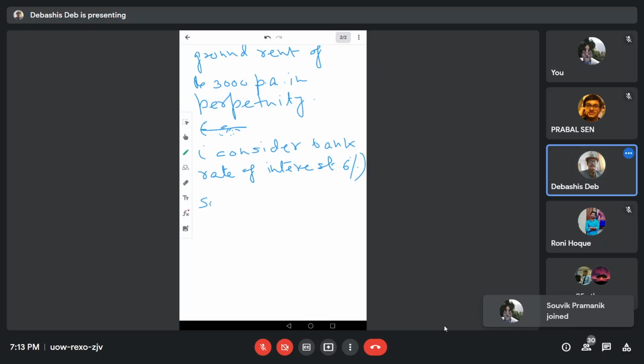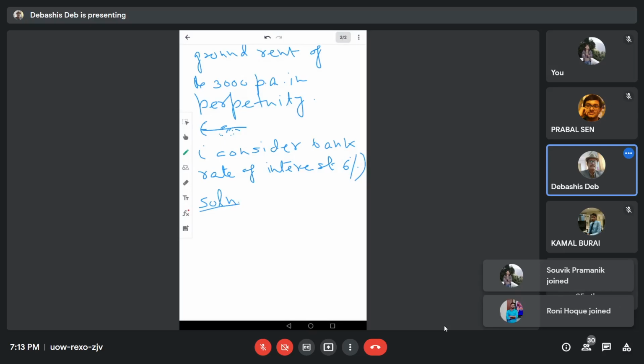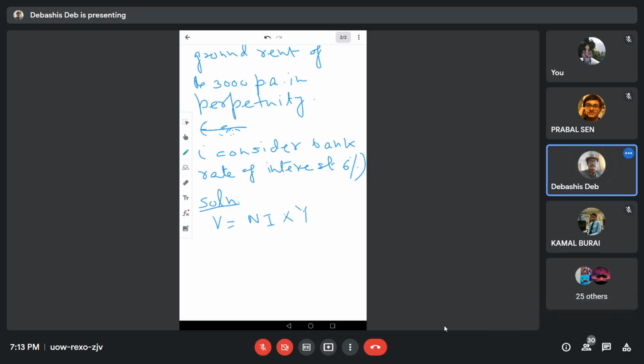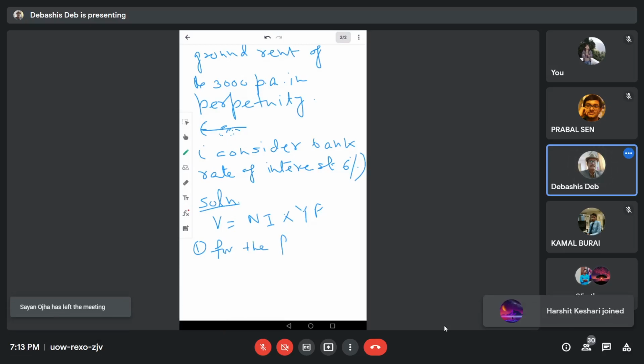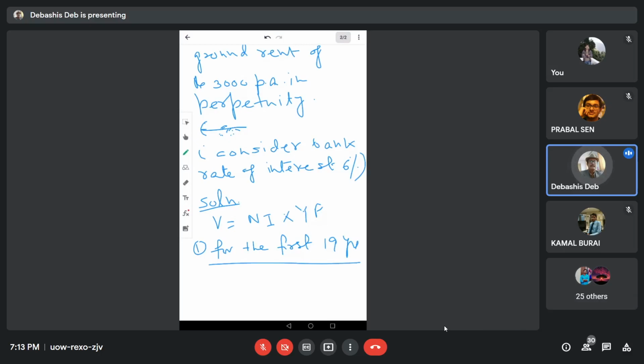Solution. Now we know that the formula is value equal to net income into years purchase. So let me consider step 1, for the first 19 years, because rent is different for the first part, 19 years, and beyond 19 years.